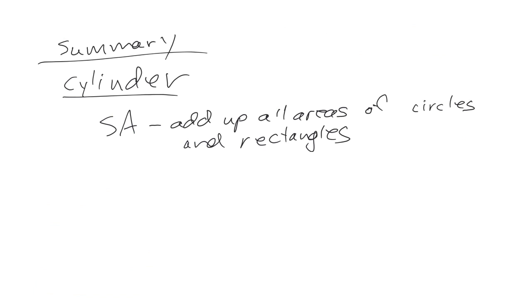So for the cylinder, as a summary, what you really realize is that we add up all the areas of the circles and rectangles. You can do that to find the surface area, but we also found that the surface area was equal to 2 pi r squared plus 2 pi r h, right?